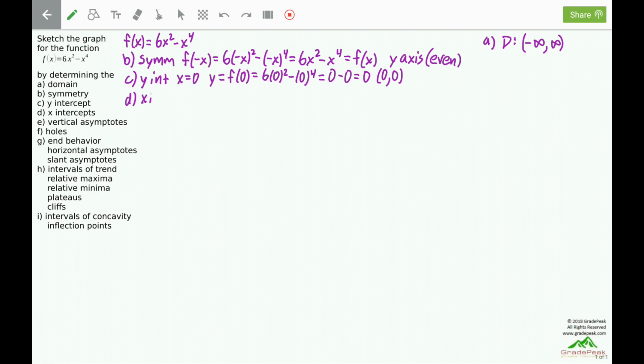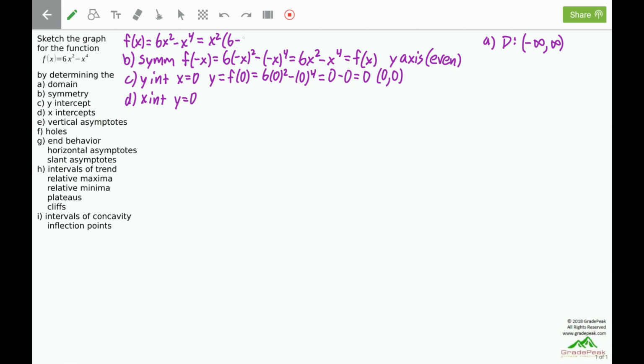For part D, we want to determine the x-intercepts. These are the points where the graph crosses the x-axis, defined by y equals 0. So y, which is f of x, is going to be made to be 0, and we're going to solve for all x's. We will want the function to be fully factored for this. So back up here, let's factor the function. It has a common factor of x squared.